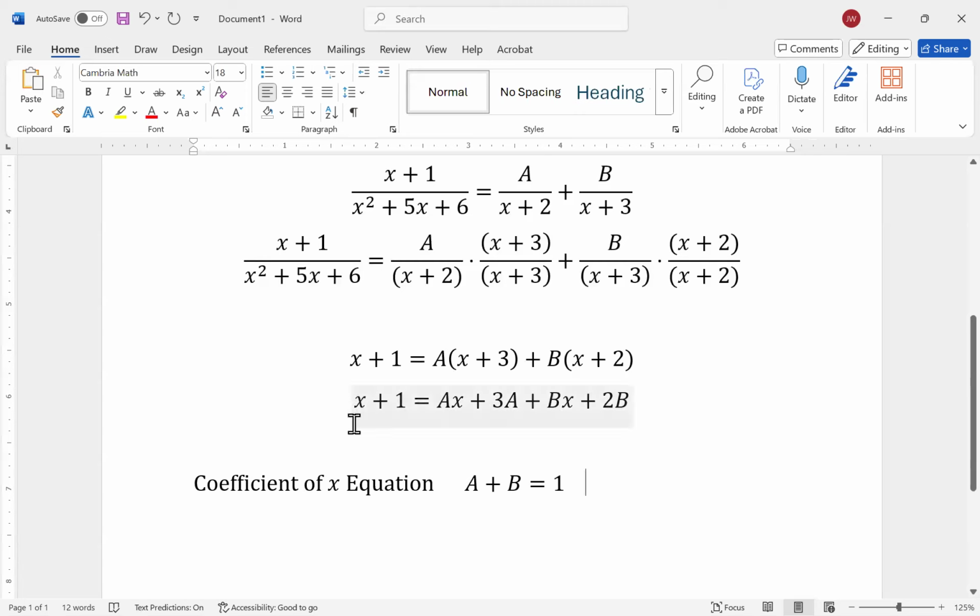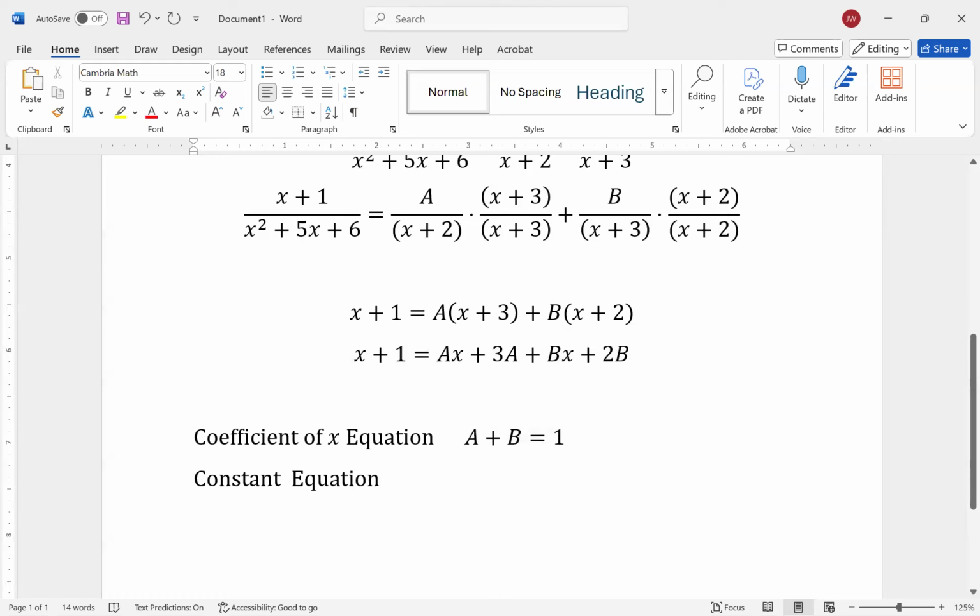Now, the reason that the 1 and the 3a and the 2b aren't going to play into the coefficient of x is because we'd have to combine like terms, and the constants are not like terms with the x terms if I'm adding. And that gives me a hint at my second, the constant equation.